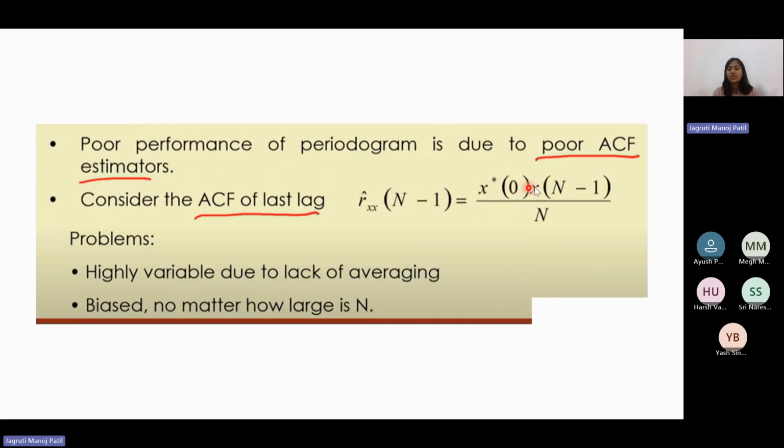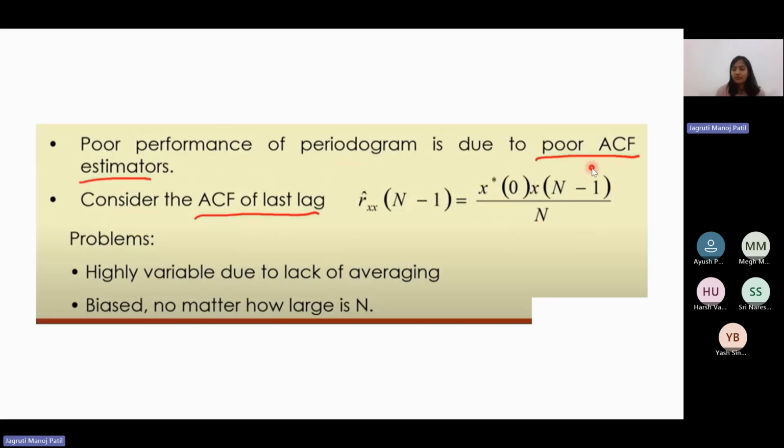They took the autocorrelation function as the two conjugates divided by the entire spectrum. But here it was not averaged over all the points, so the data had more variability, and it was biased no matter how long n was, because we had only a single n minus 1 term.